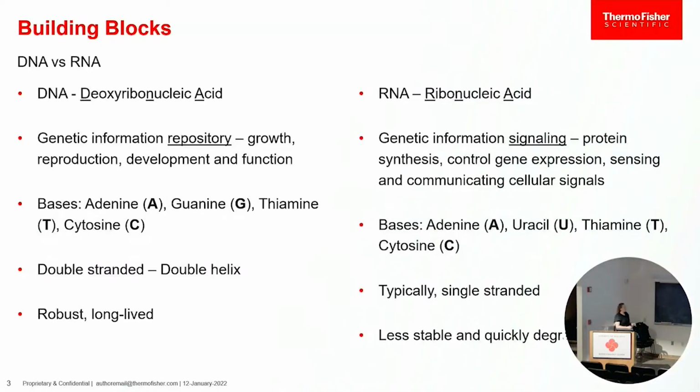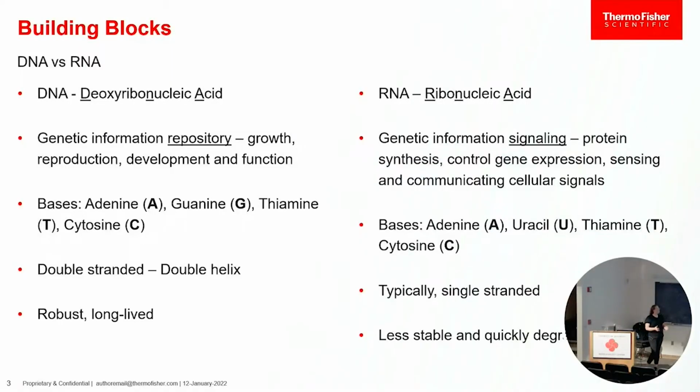But we are going to start with the building blocks, which is talking about nucleic acids. When we're working in qPCR, we work with two different types of molecules. We have DNA and we have RNA, just highlighting those differences. We have DNA, so deoxyribonucleic acid. When we're talking about cellular DNA, it's the information center.